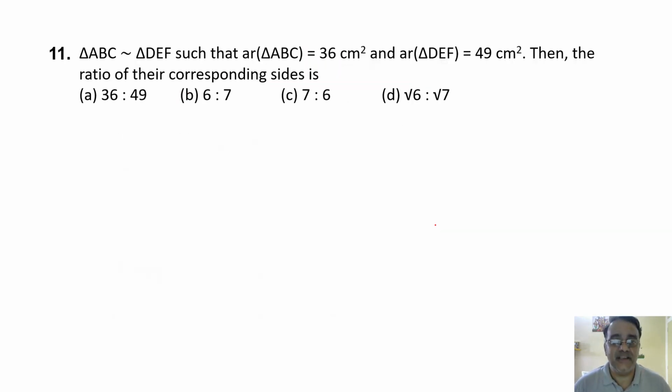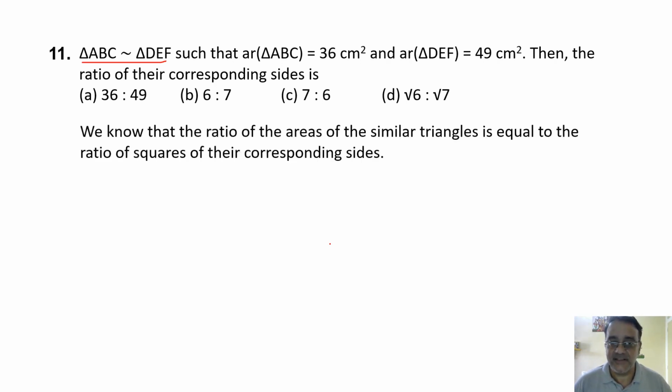Now we are moving toward question number 11. Triangle ABC is similar to triangle DEF such that area of triangle ABC is 36 centimeters square and area of triangle DEF is 49 centimeters square. Then the ratio of their corresponding sides is. The two triangles are similar is given, so we can apply theorem number 6.6: the ratio of areas of two similar triangles is equal to the ratio of the squares of their corresponding sides.